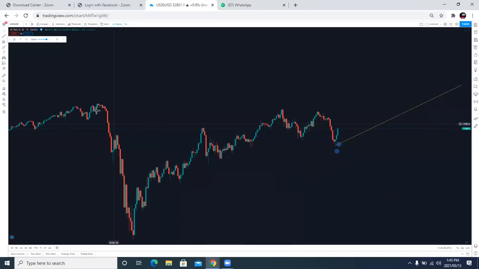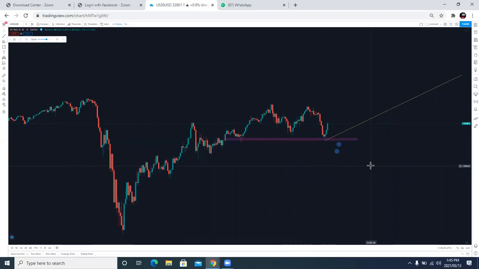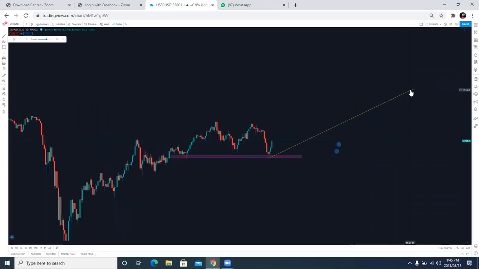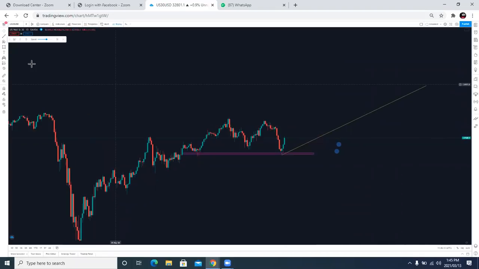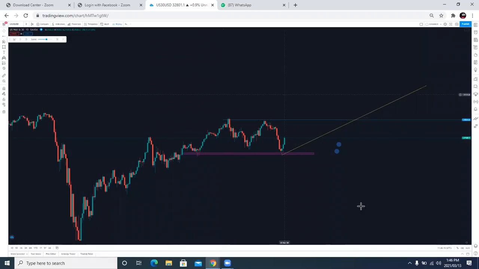Besides that touch, we can use a horizontal rectangle and put it on this level. This is a strong level that Nasdaq has to respect. So if it has to respect that level, our take profit level is going to be here. Why? That's the nearest take profit.